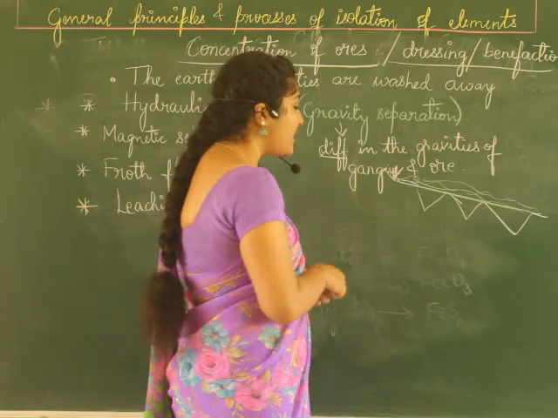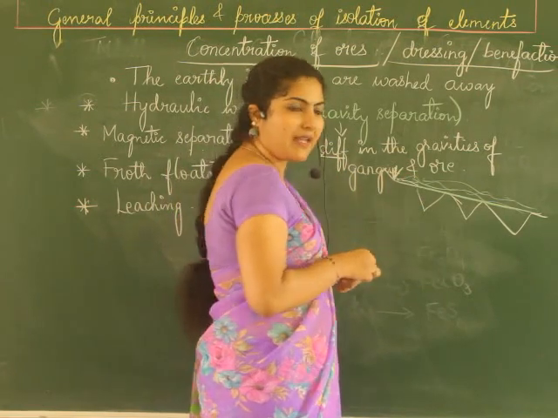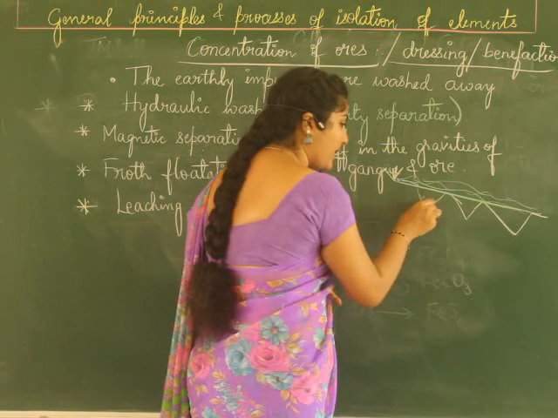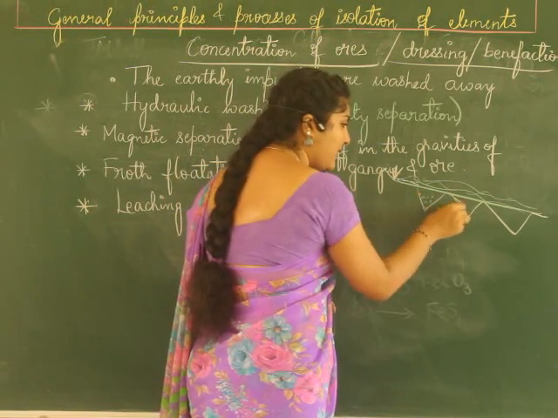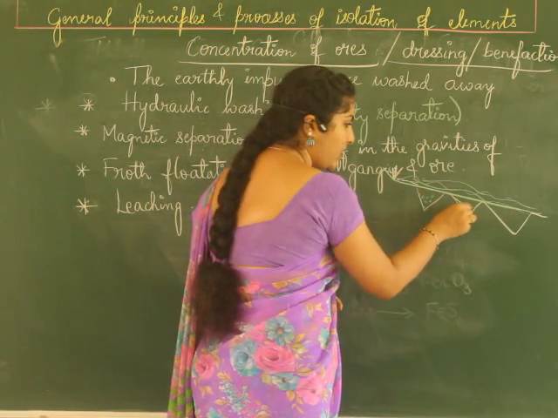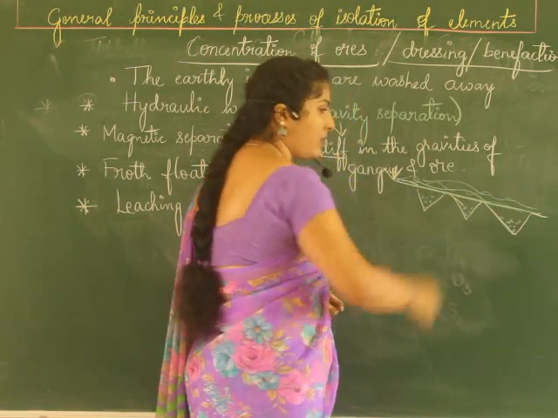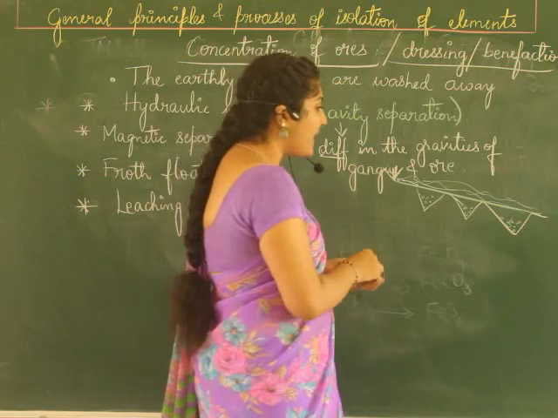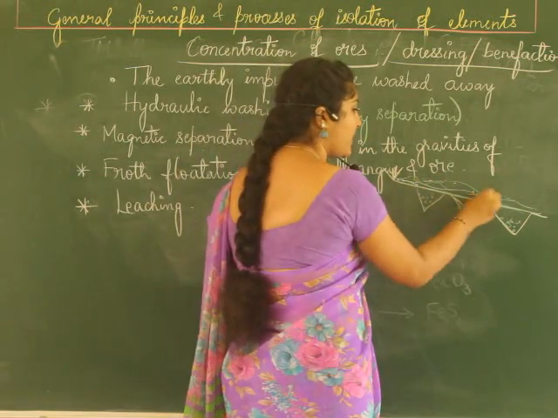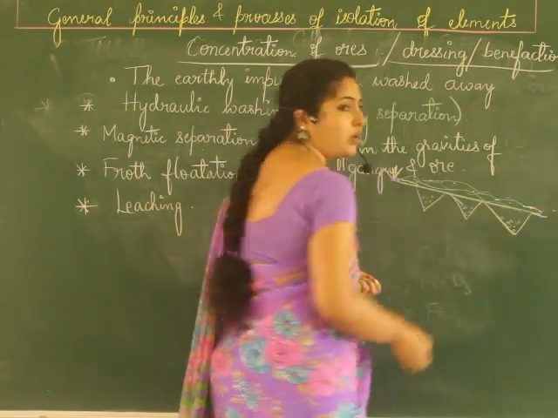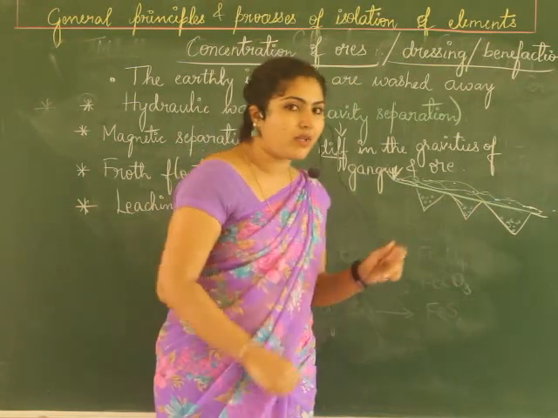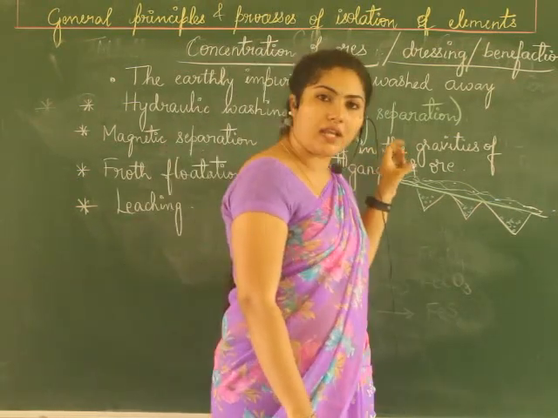So what happens? The ore particles will be collected in this wedge, the space. Whereas the gangue particles which are present will be washed away along with water. So what are they doing? They have taken the ore particles.